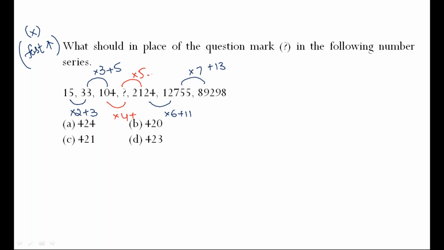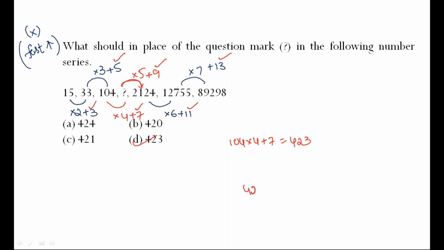Plus, what is the extra factor? 3, 5, 7, 9, 11, 13 is the extra factor, by multiplying with 2, 3, 4, 5, 6, 7. Now here 104 into 4 is 416 plus 7 will give 423. And in fact, you always need to check whether you got the next one or not.